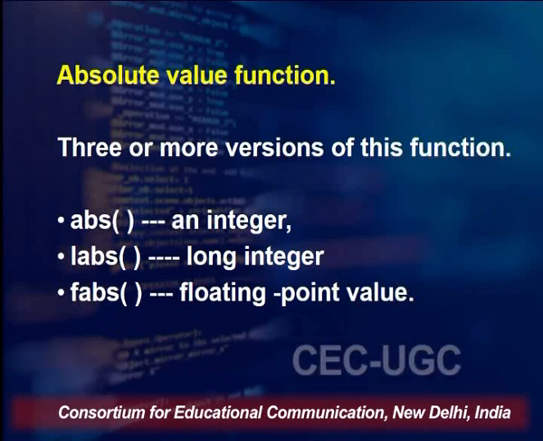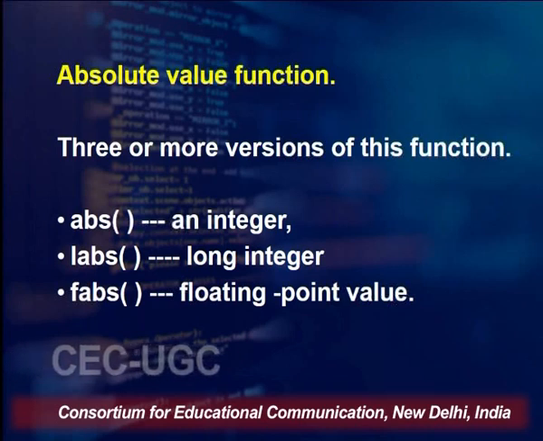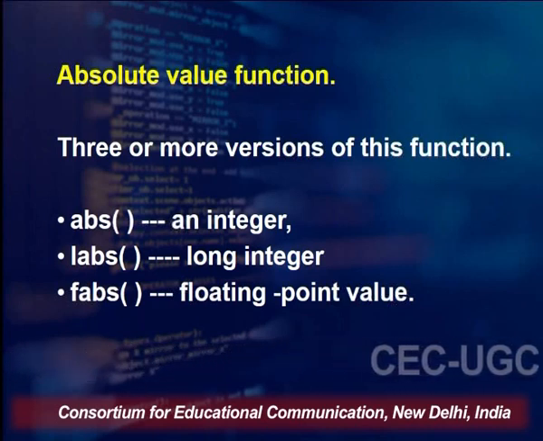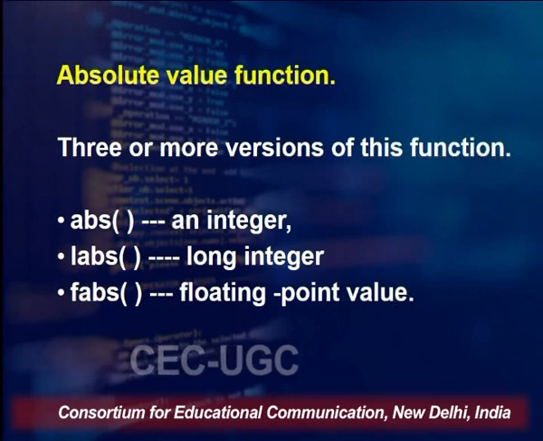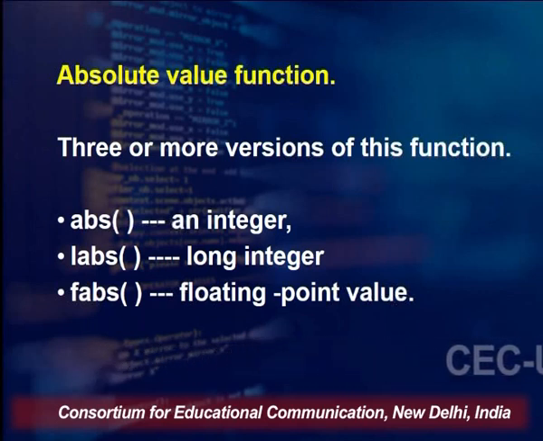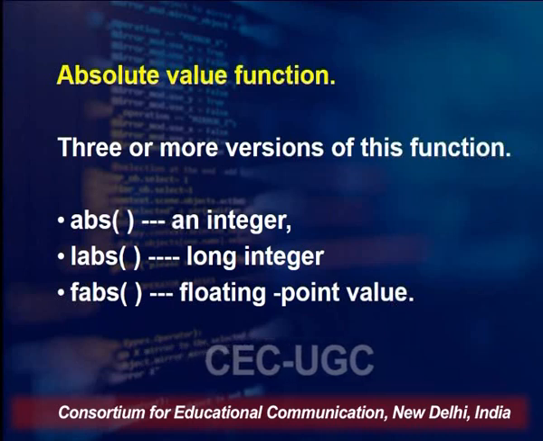For example, one is ABS, which is going to give you the absolute value of an integer. That means the parameter which it is going to take is an integer. Then we have another version of the same function, that is LABS, which is going to take a long integer, and then we also have FABS, which is going to take a floating point value.